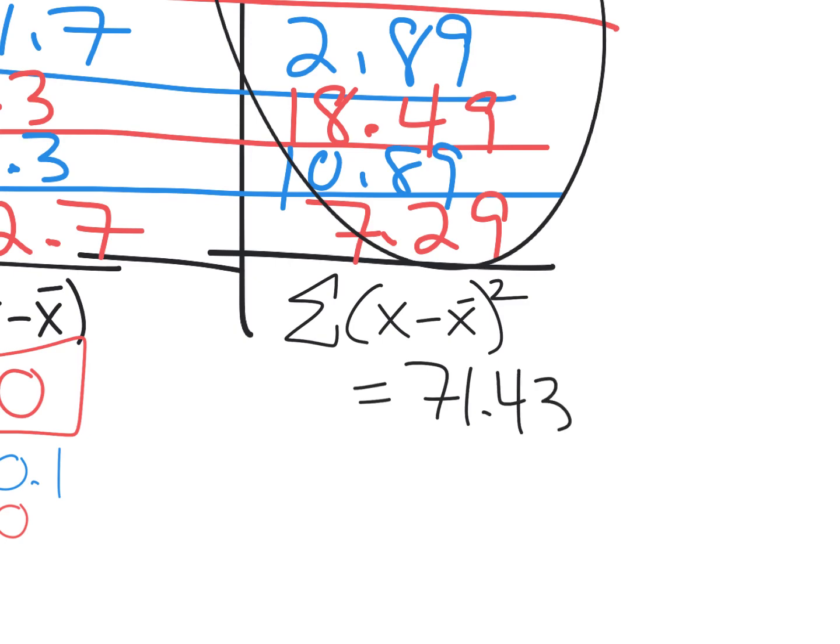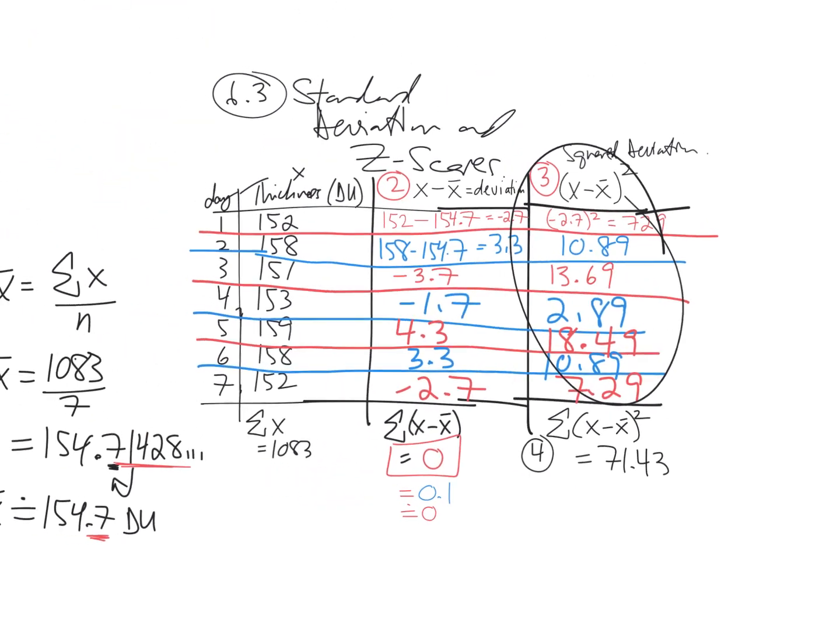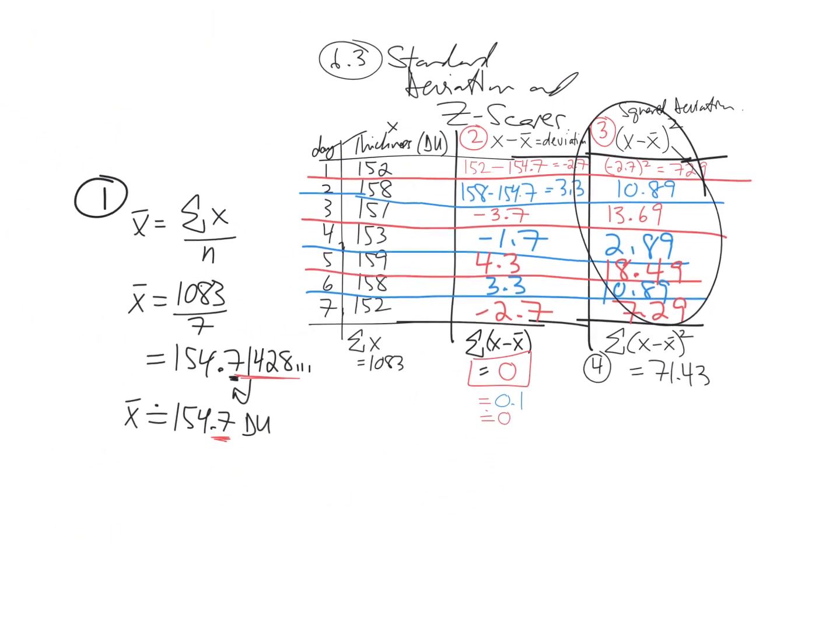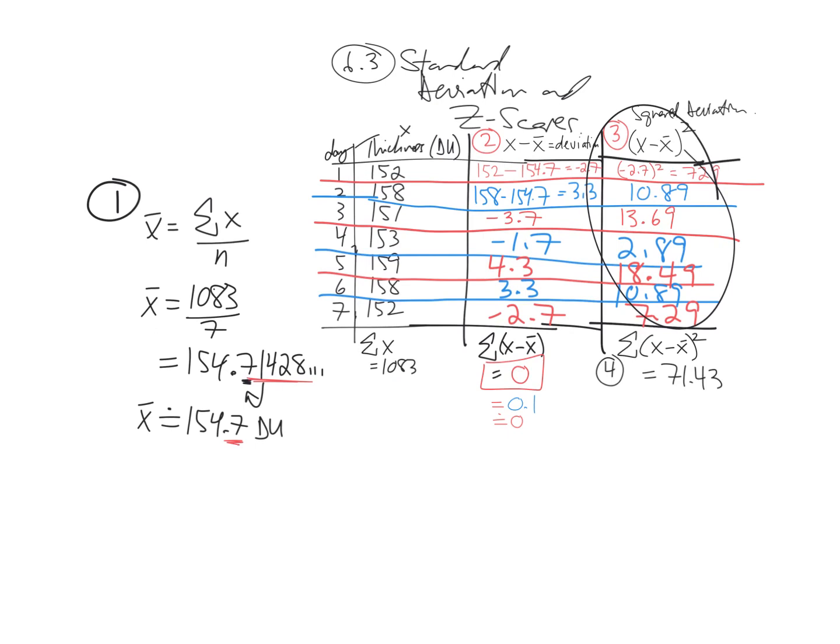So this is the fourth step in calculating the standard deviation. This is not the short version of the calculation, the computational approach, which I showed in another video. This is the approach where we calculate each deviation from the mean, then we square that value, and then we take the sum of the squared deviations.